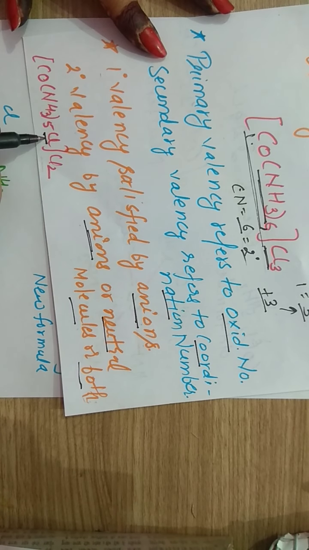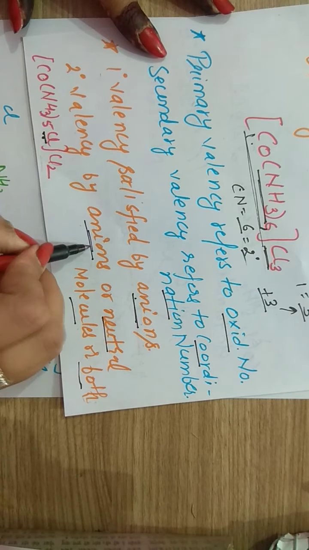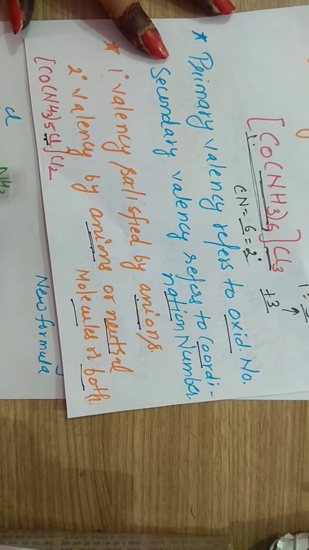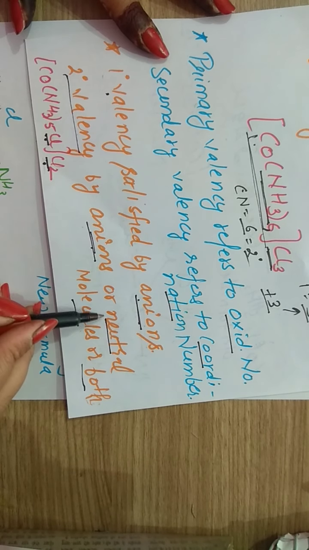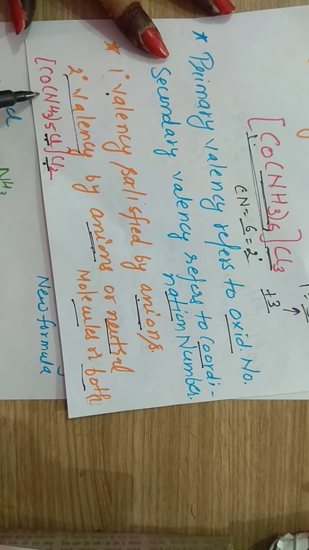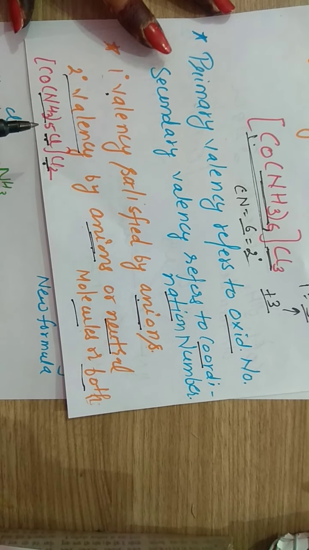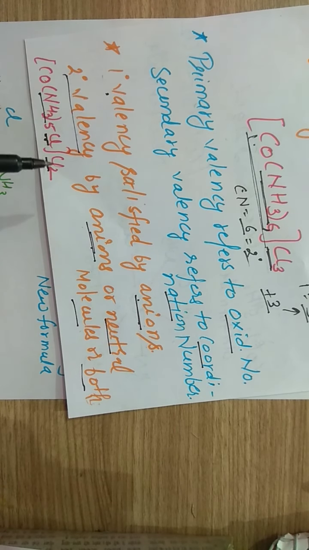This chlorine atom is satisfying both primary as well as secondary valency, and these chlorine atoms are satisfying only primary valency, written outside the bracket. And secondary valency can be satisfied by this anion and these neutral molecules. This is his postulate.